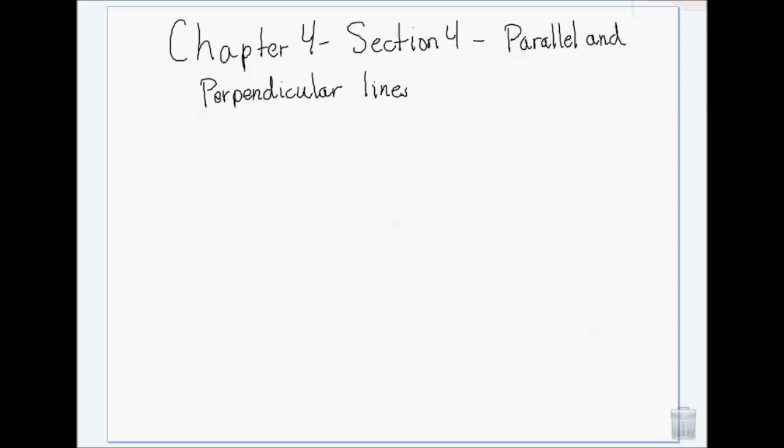Okay, if you never ever want to write the word perpendicular again, you don't have to. Here is the symbol for the word perpendicular. It's the upside down T. And here's the symbol for the word parallel. So you've got 2 parallel lines.